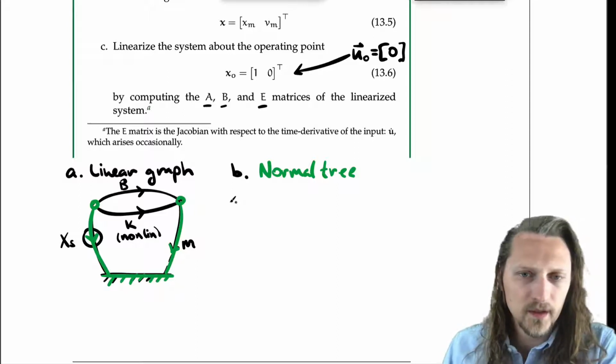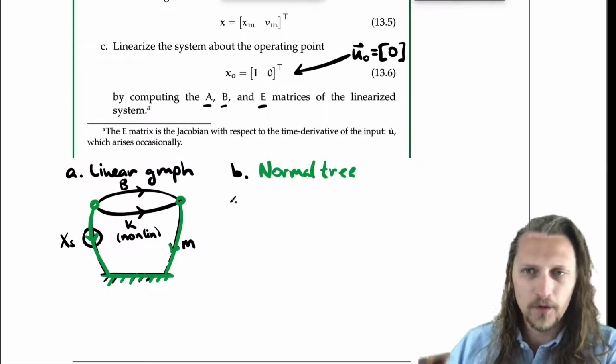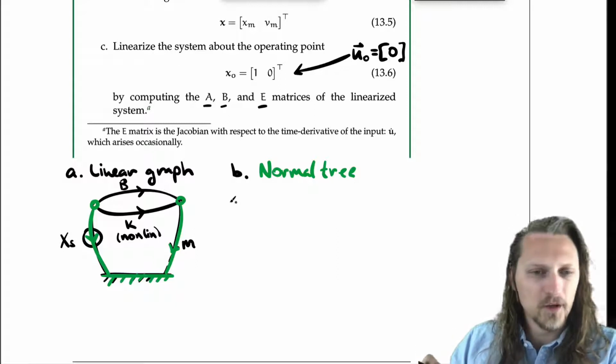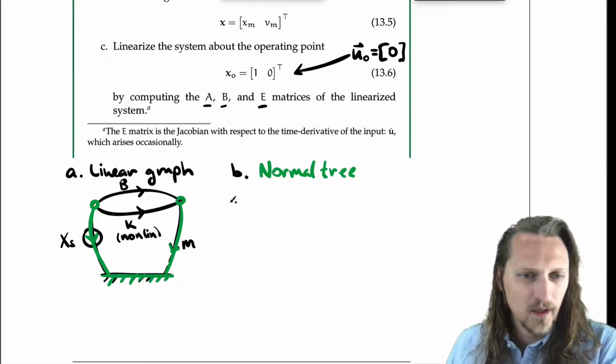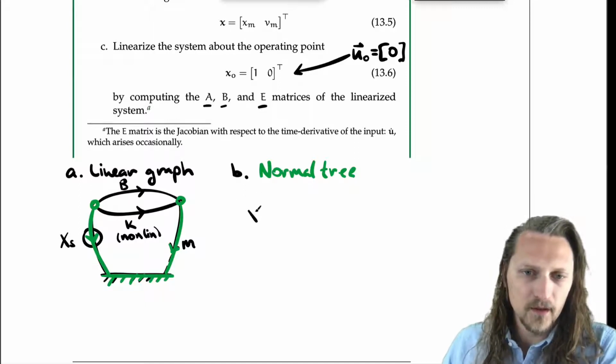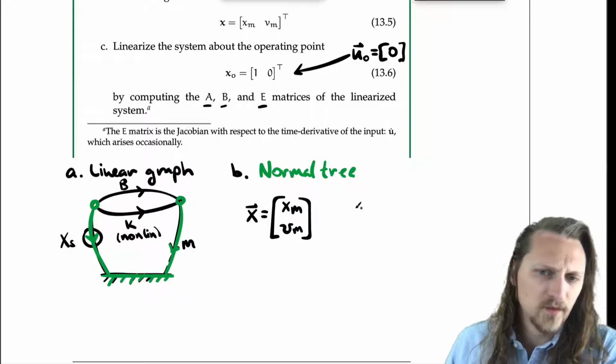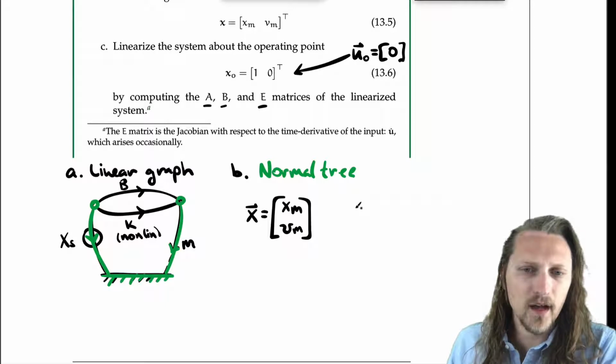As we go through, I will show where that would occur and why I chose these different state variables. But for now, we'll just recognize that our x vector is equal to x, so the position of the mass and the velocity of the mass. Position and velocity of a mass are actually two commonly chosen state variables for a mechanical system.